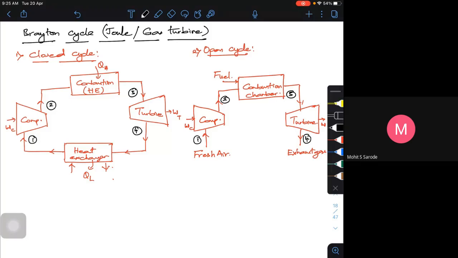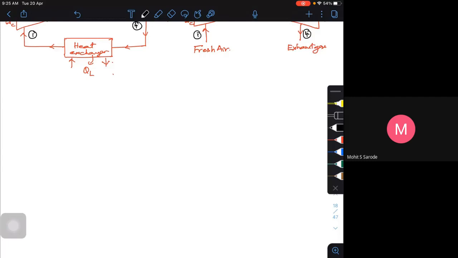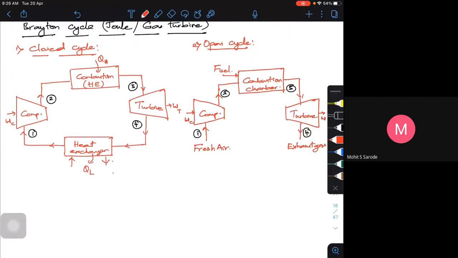So let me write the PV and TS diagram for this cycle. Now, in a gas turbine cycle or Brayton cycle, the heat addition and heat rejection have to take place at constant pressure. Constant pressure heat addition means I need to add a certain amount of energy by adding some fuel.